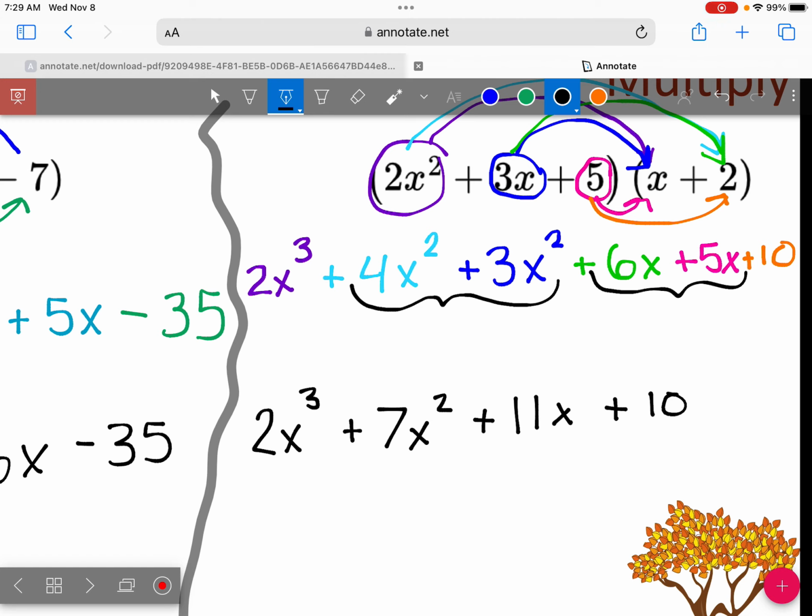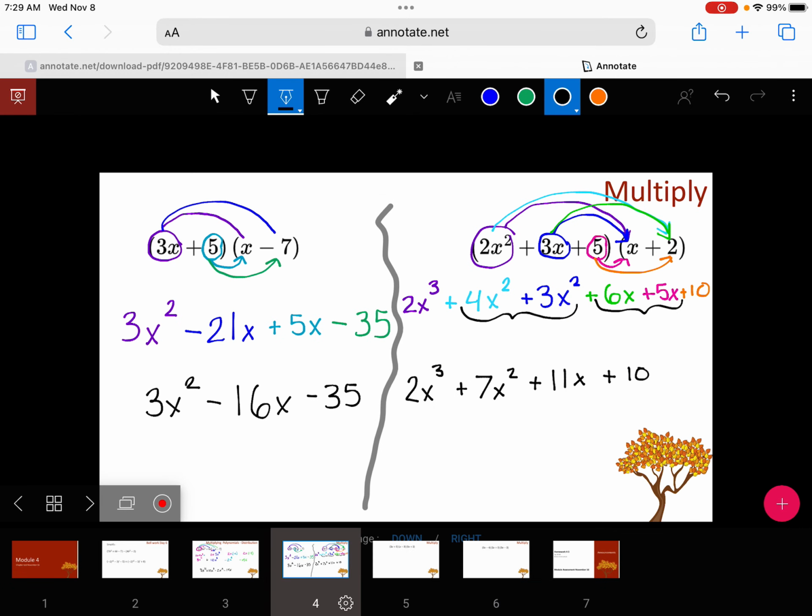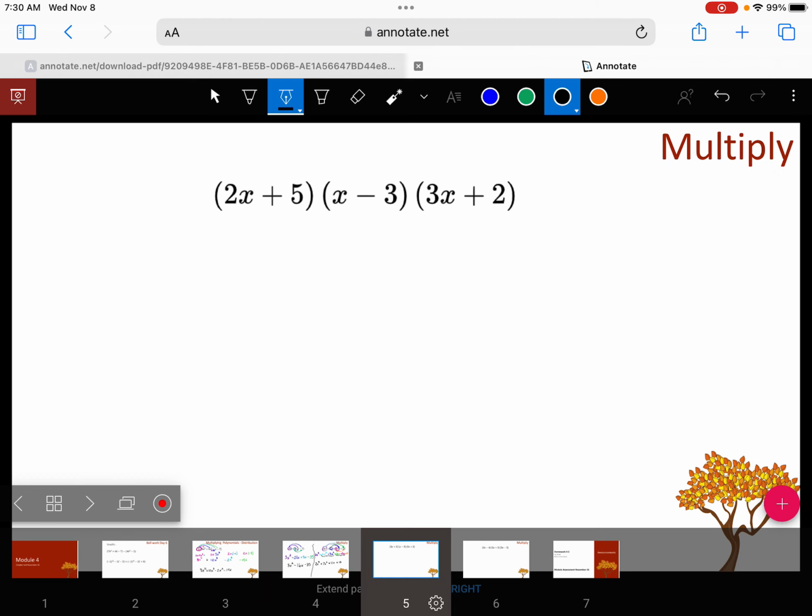Okay, any questions on these ones? Hopefully they should be vaguely familiar. We only have one more notch to kick it up, but it's okay, I promise we'll be fine. Okay, so let's look at this one. We're asked to multiply. Now I have 3 things here.